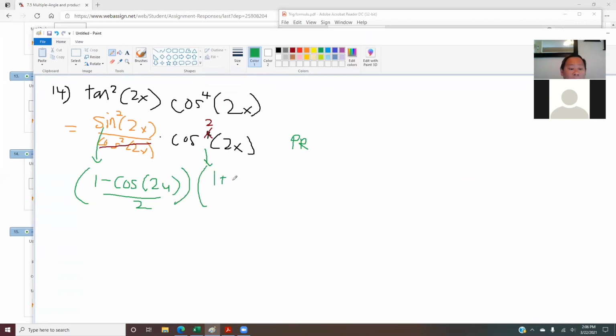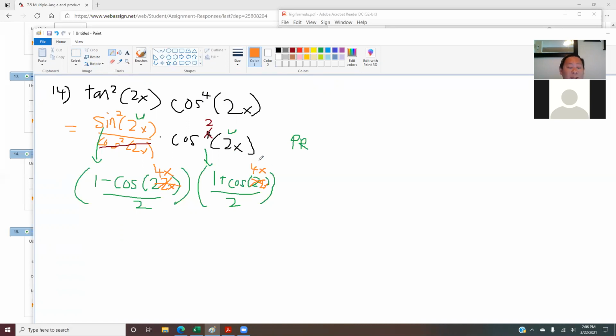So this is 1 plus cosine of 2u over 2. Now, the reason why I'm using u here is because your u in this case is 2x. So I will replace this u with 2x. This will give me 4x, because 2 times 2x is 4x, and this will give me 4x.